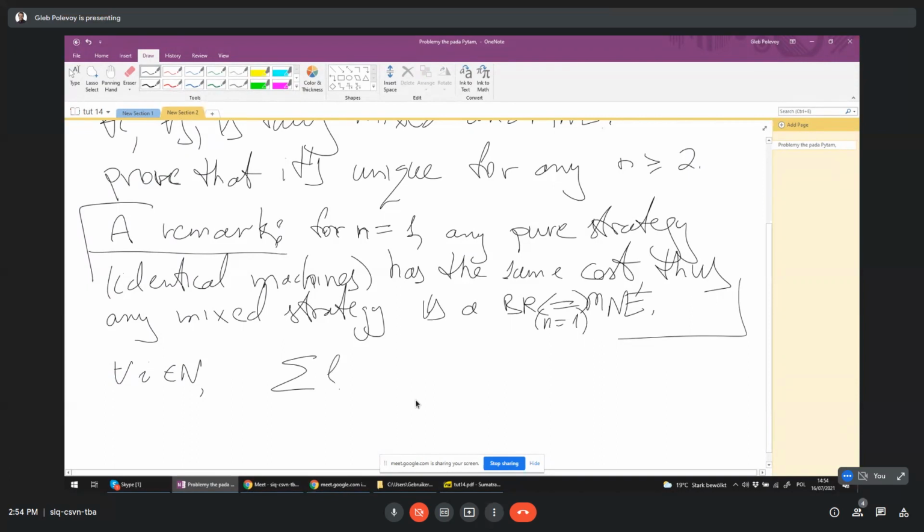So for each machine, if I look at the other tasks j, which are not equal to i, the expected load which they create on machine, let's call it p_iq, is the same.